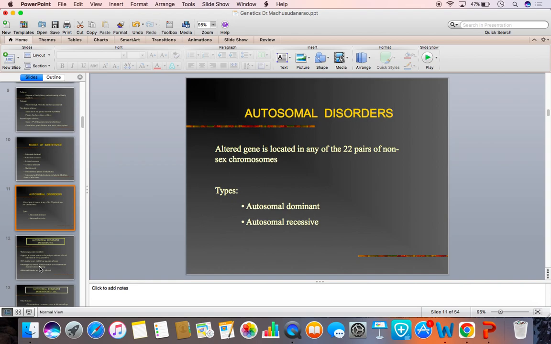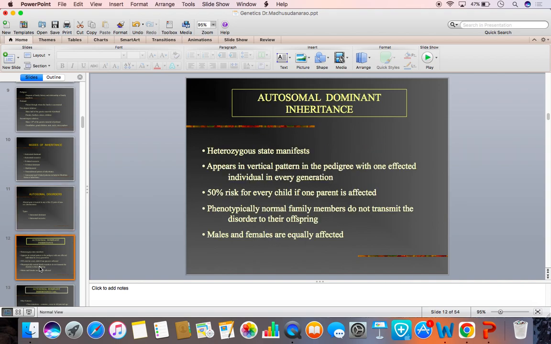They could be autosomal dominant or autosomal recessive. My dear students, you must understand and remember the various features of these types of inheritance. Say about autosomal dominant. What are the features of autosomal dominant inheritance?